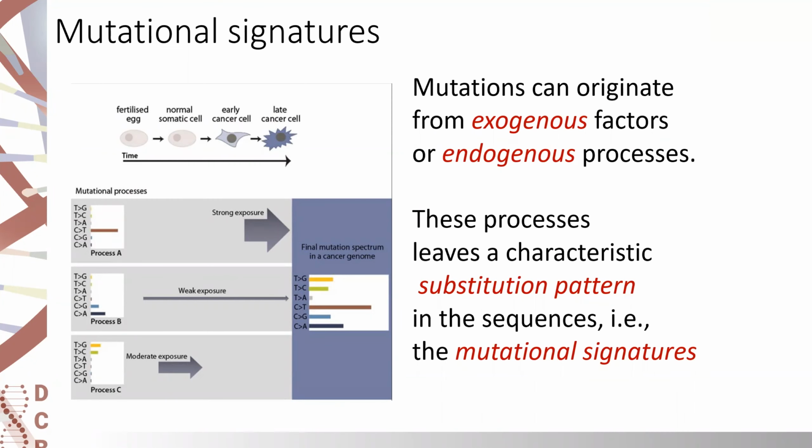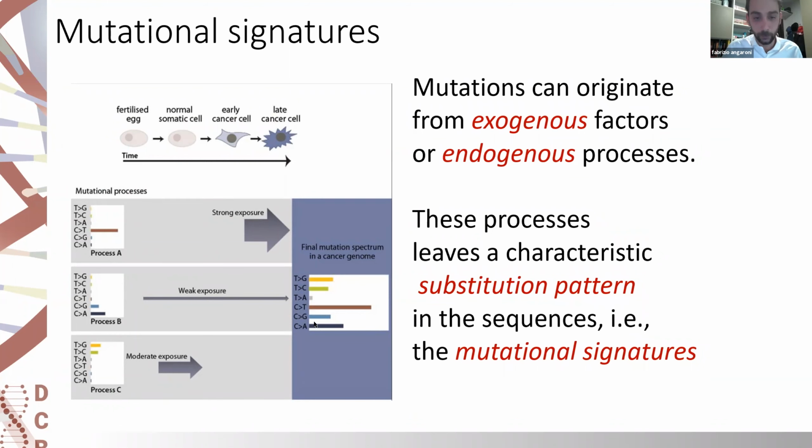How can we analyze mutational signatures? Mutations can originate from exogenous factors or endogenous processes. All of these processes lead to a characteristic substitution pattern, the mutational signature. I took this slide from cancer work.